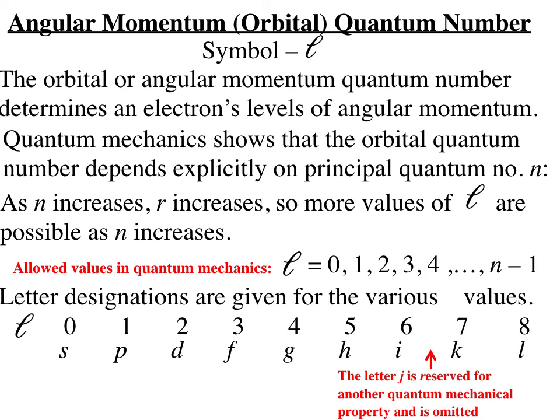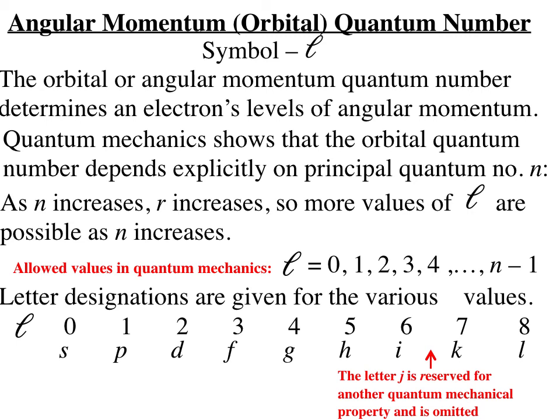Further from nucleus, bigger r of the angular momentum, which is m times v times r. So if you are further from the nucleus as an electron, you can possibly have higher values of angular momentum. Now you can still have low values, but because of your distance out, you're allowed to have higher values of angular momentum.